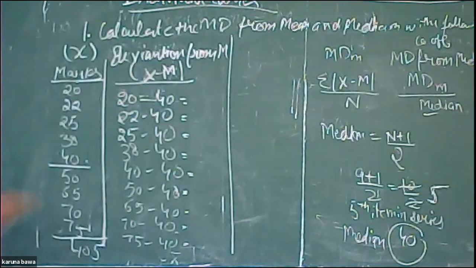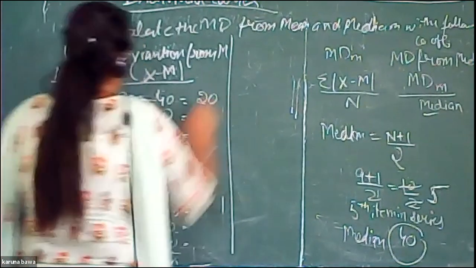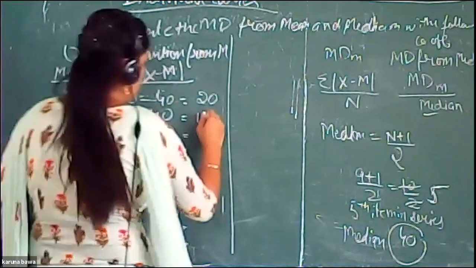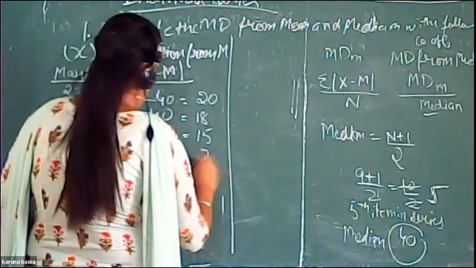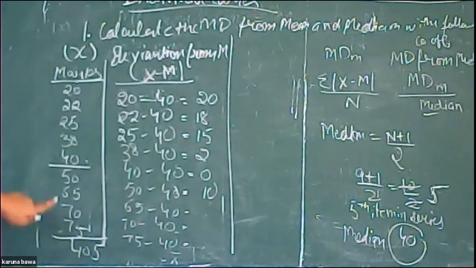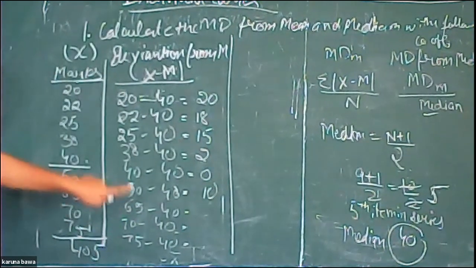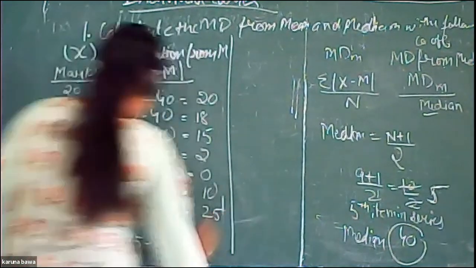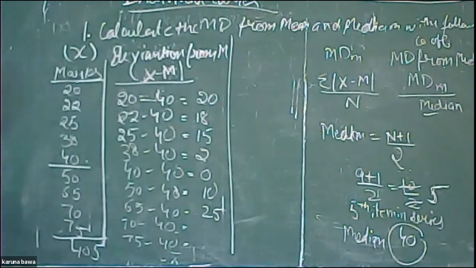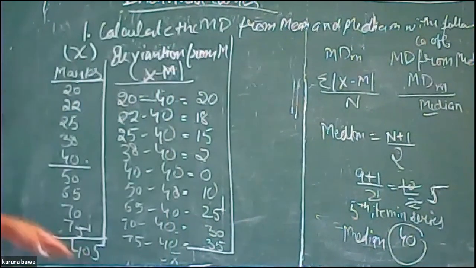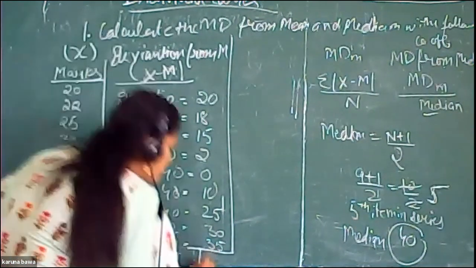So find out the deviation from median. 20 minus 40 is 20, 22 minus 40 is 18, 15, 2, 0, 10, again 15, 0, 10, 65 minus 40 is 25, 70 minus 40 is 30, and 35. Now the total of the deviation from median is 155.